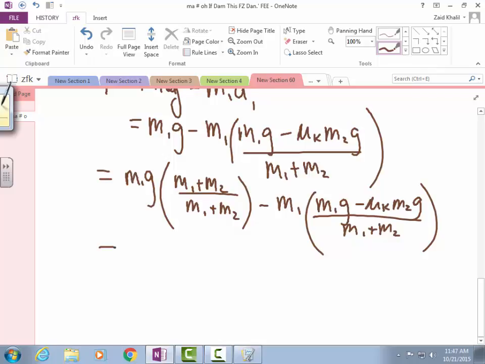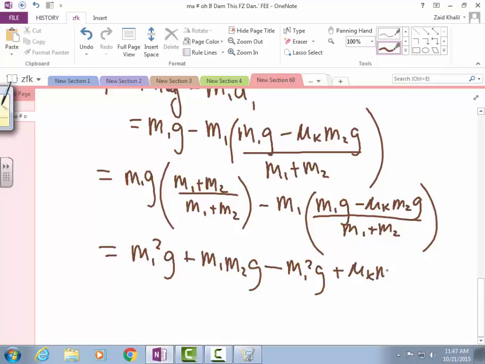So now I multiply everything out. What do I get? I want to hear you guys. Distribute that M1G. What do you get? M1 squared G plus M1 M2 G, minus M1 squared G plus mu K M1 M2 G, and all of this is over M1 plus M2.